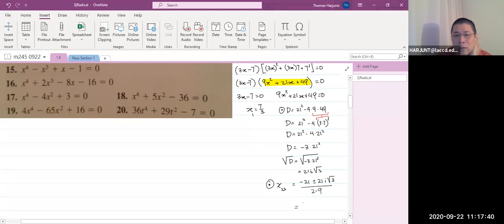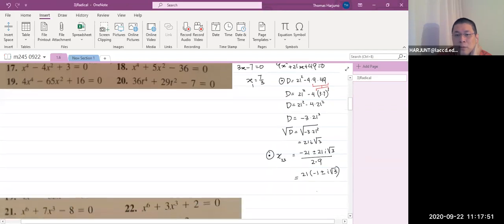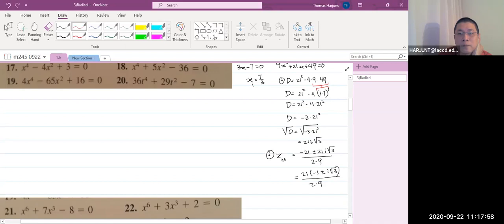But I can factor 21 on the top, and at the bottom I have 2 times 9. Cancel the 21 with 9 by 3. So the final answer will be negative 7 plus minus 7i radical 3 over 6.